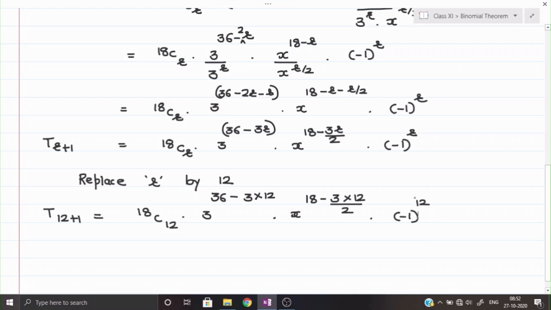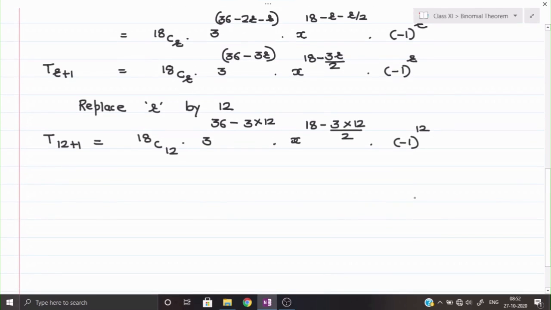Now see 18C12, I will apply the complement rule, so it will be easier for me to solve it. So I will write this as 18C 18 minus 12. NCR is equal to NCN minus R. 3 to the power, this will be 36 minus 36.